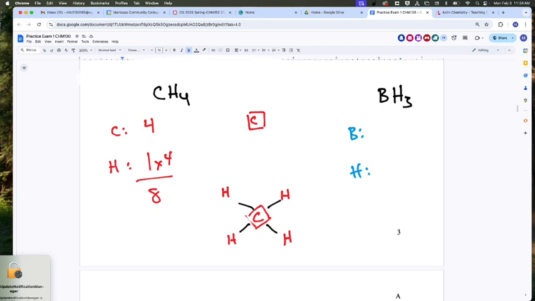So the question that I would then ask is, do you want a separate rule? If you want a separate rule, yes, there's a duet rule for hydrogen. That's your decision. So there's an exception. Hydrogen is a huge exception to this. So let's push a little bit harder and let's move to the next one. BH3.